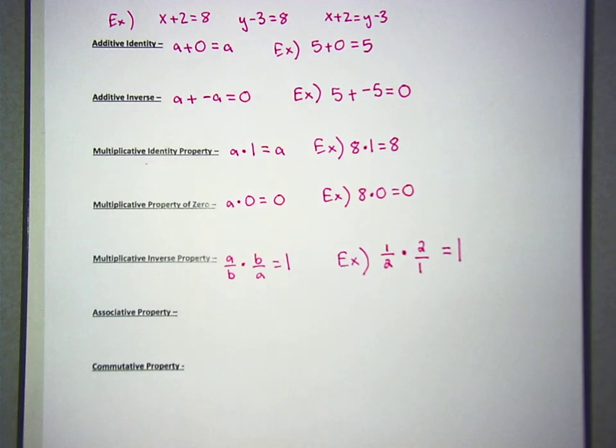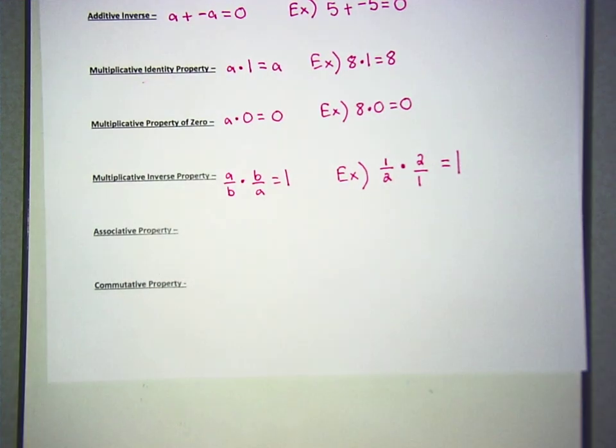All right, the last two I'm going to do, associative and commutative. Let's start with the associative property.